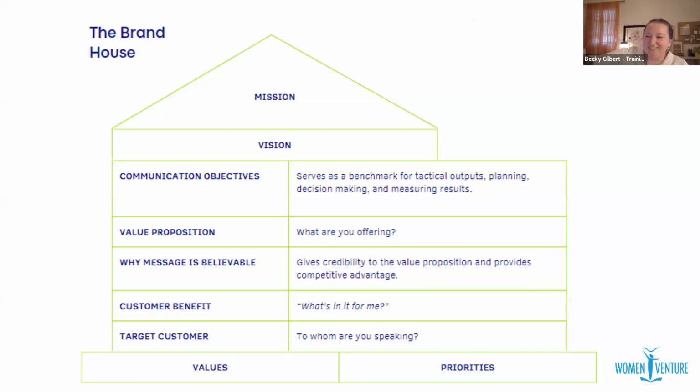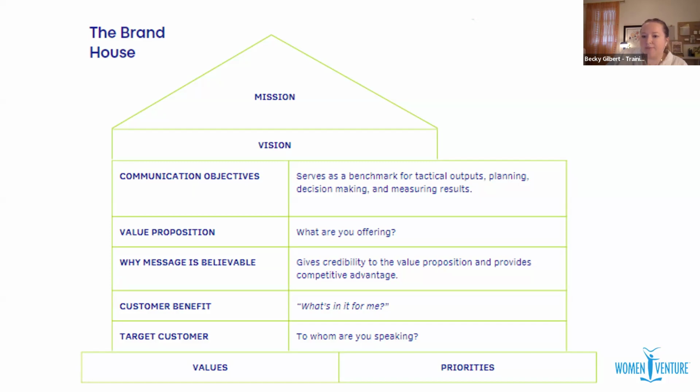The roof of the brand house is your mission. This is what keeps your home consistent and warm, right? Your mission statement is similar in that it couches your business in your values. And it encourages you to brand yourself around these values that you've identified, in order to build up that trustworthiness and that consistency. Then under the mission is the vision.